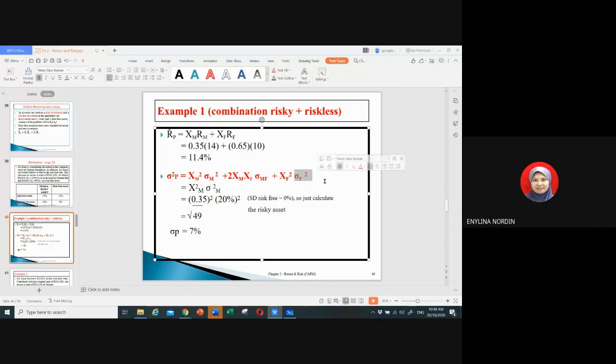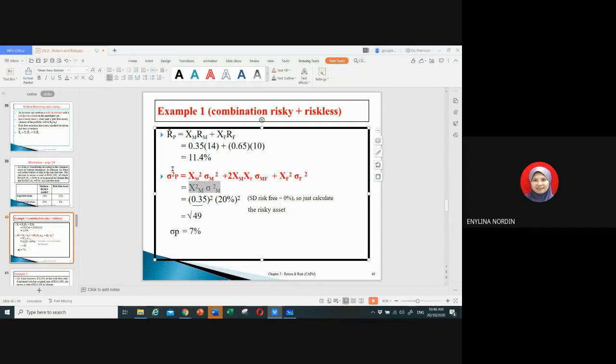So 0 multiply by weightage dia tadi, then you akan dapat kosong. Plus dengan 2 times weightage in M 0.35 times 0.65 times the covariance between Mutiara and risk-free asset tadi adalah 0. So definitely this portion also becomes 0. So tinggallah bahagian yang ini sahaja, iaitu meant for Mutiara.